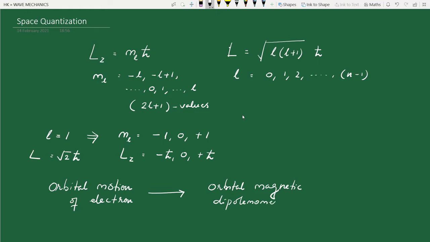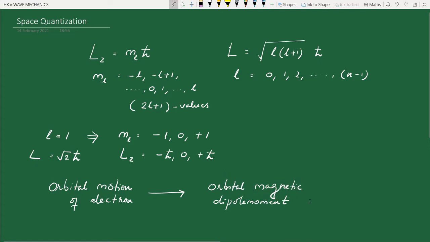We know that any current loop produces a dipole moment. Here the electron is a charged particle. When it moves in a closed path around the nucleus, there is some current loop, and this current loop produces a magnetic dipole moment. That is the idea.